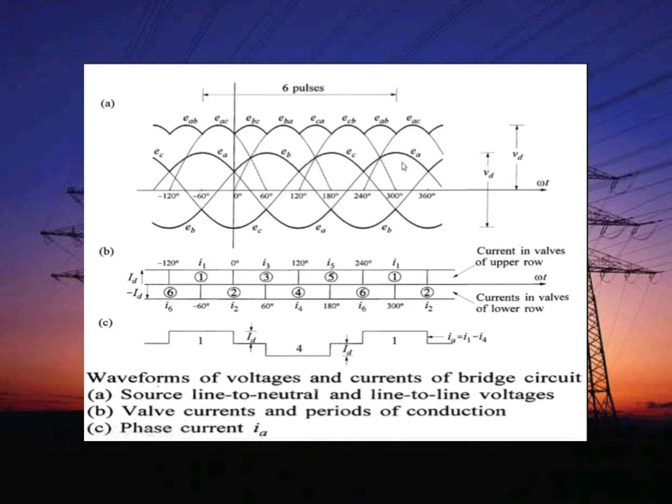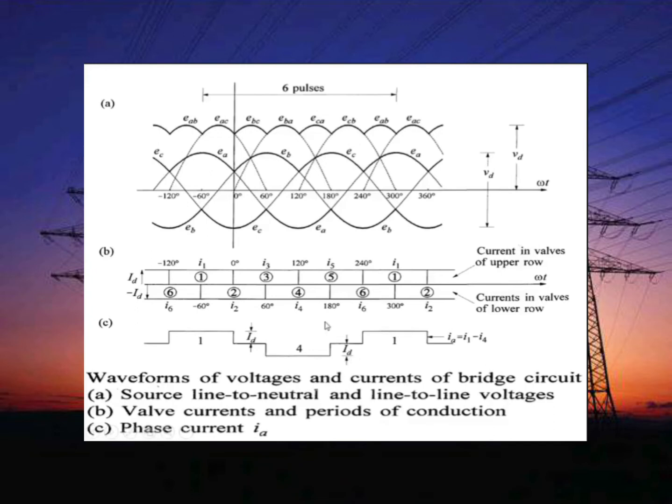Each valve thus conducts for a period of 120 degrees. When it is conducting, the magnitude of valve current is ID. See here, the valves in the upper row carry positive current and the valves in the lower row carry negative current.